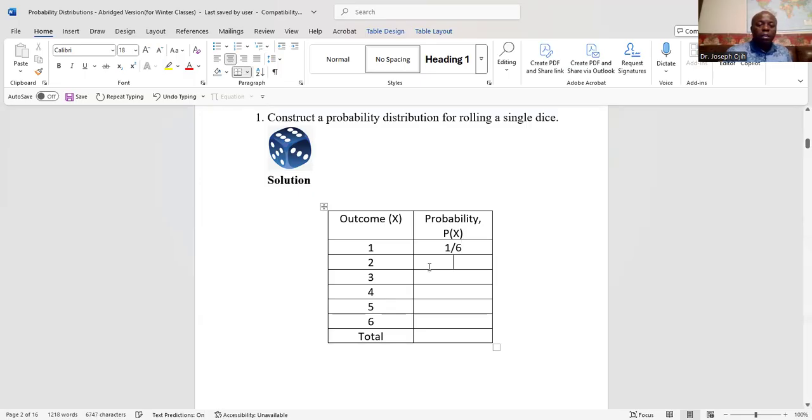For each of them, 1 out of 6. So this is it. That is the probability distribution. See the outcomes and their corresponding probability. Does anybody have a question on this? Excellent. No question. Good.